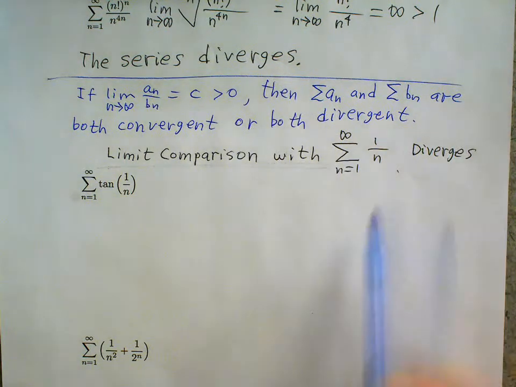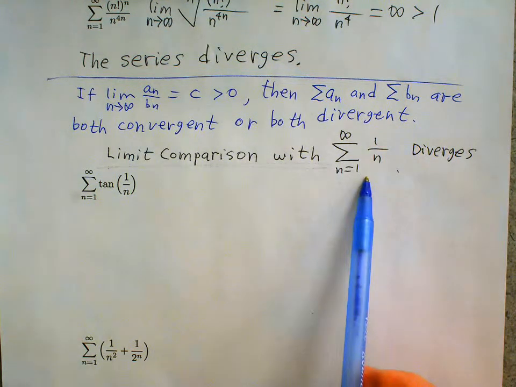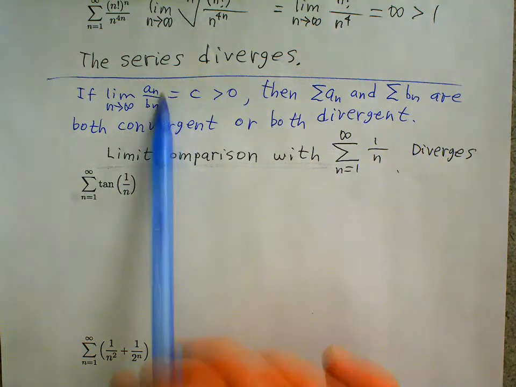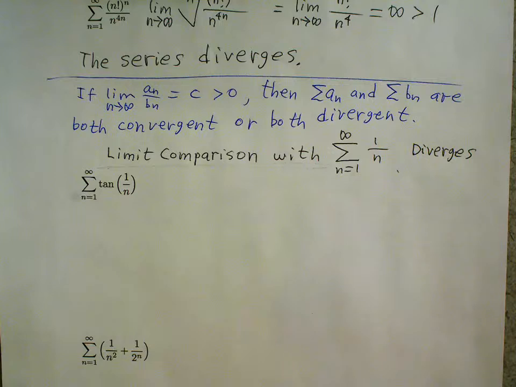Okay, so I chose a series that I know diverges. So if I compute the limit of the ratio of the terms from the two series and get a limit that is a positive number, then I'll know that this is also divergent.